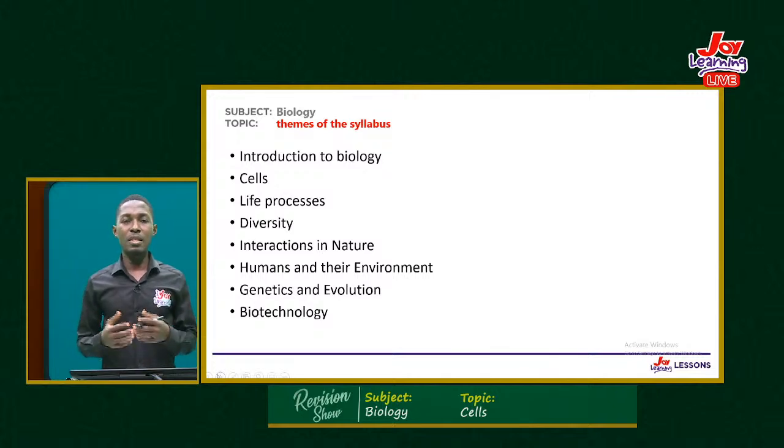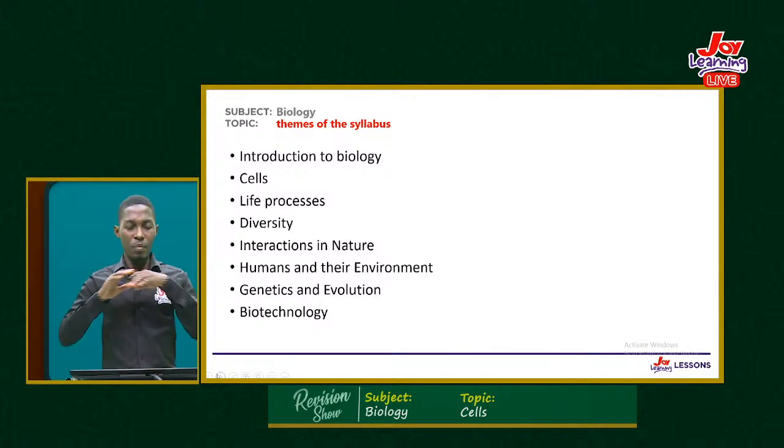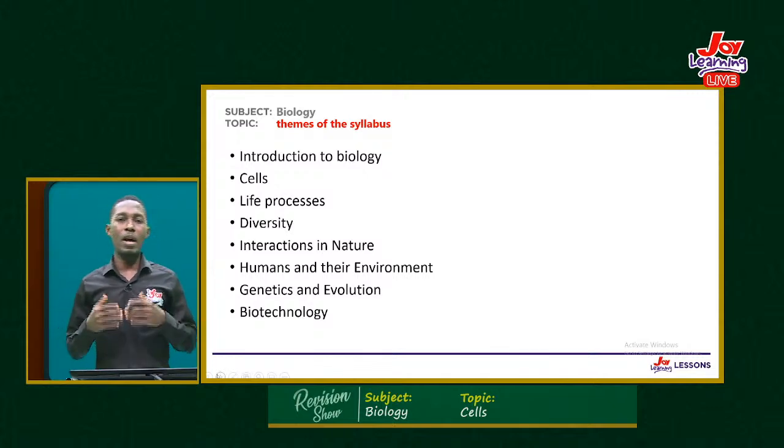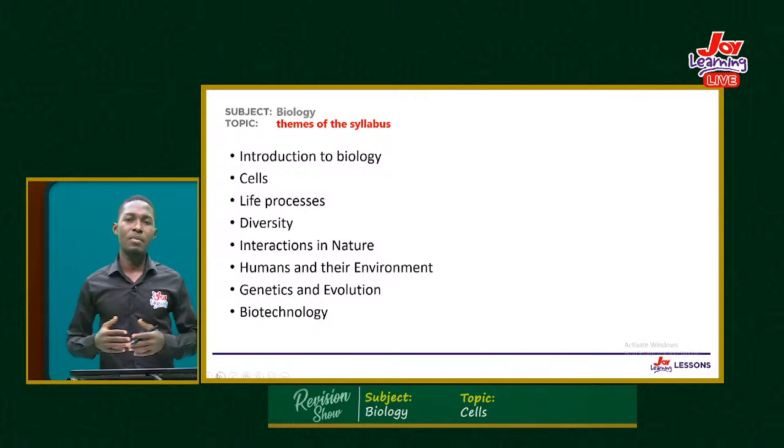Then the next basic thing, the main dogma of biology, we call the central theme of biology, which is the cell. It's for you to understand what a cell is and its relation to why we say something is an organism. From there, you're able to understand the structures and how it works, so that when we get to specific life processes, like respiration, excretion, movement in lower organisms, you know what we are talking about.